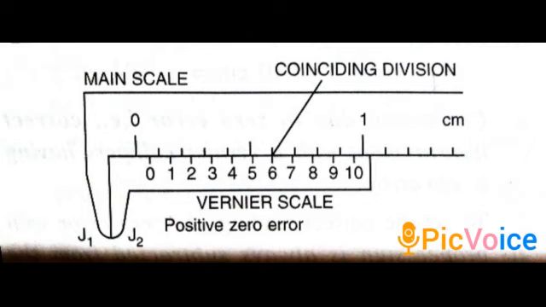Now you check which division of the vernier scale is coinciding with the main scale. 0 is not coinciding. So let us see which one is. Is 1 coinciding? No. 2? No. 3? No. 4? No. 5 also no. Yes, 6 you will see is completely coinciding. So the coinciding vernier division is 6. Now remember this.